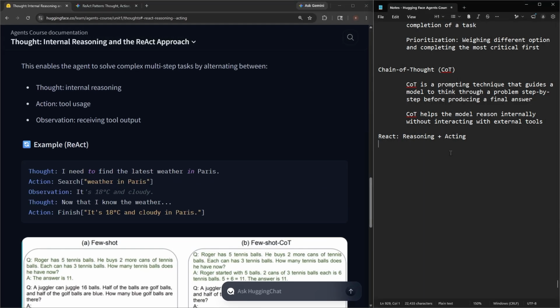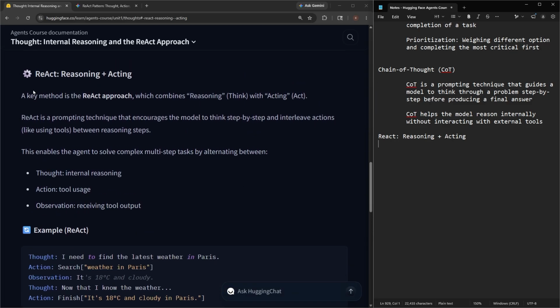Here we are, ReAct, reasoning plus acting. We don't need the key method part, since we already have that.